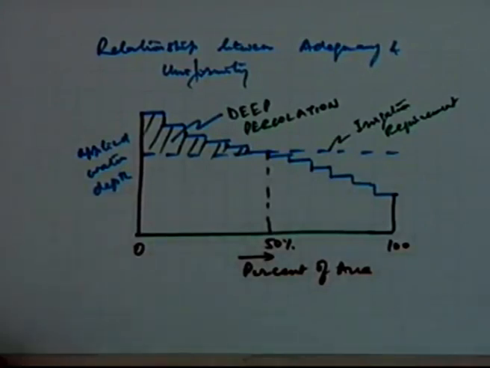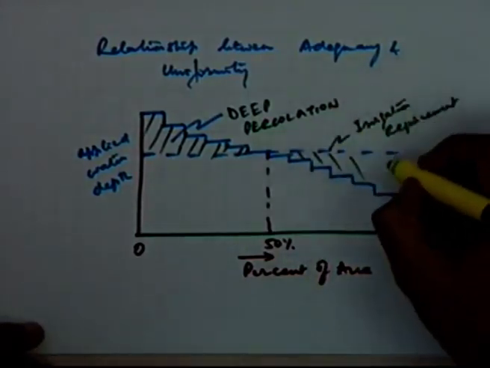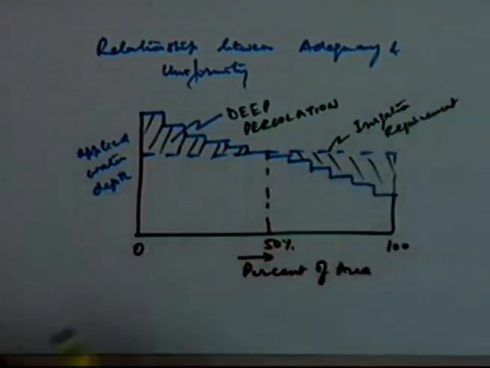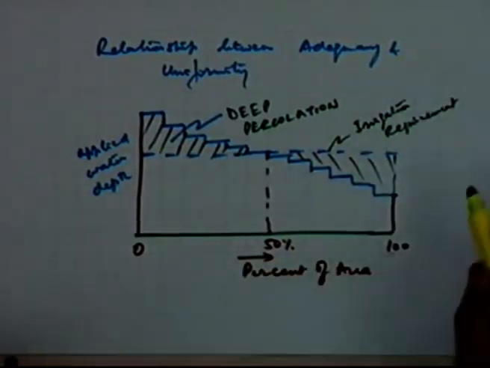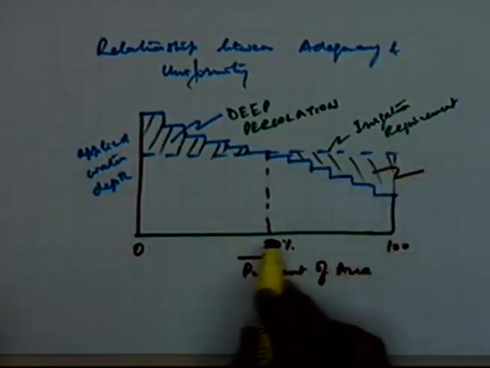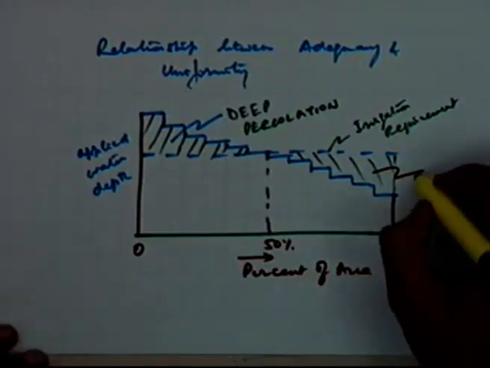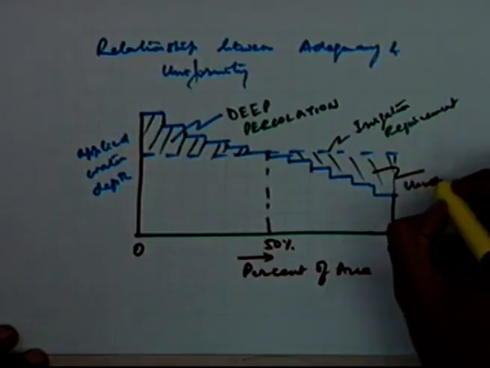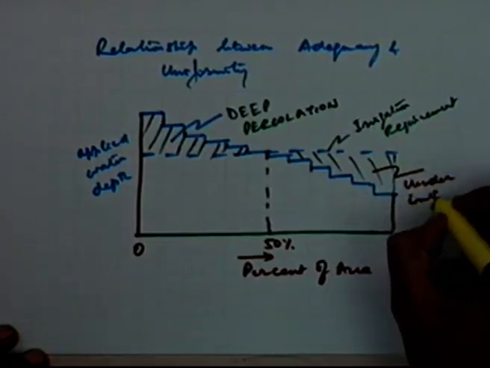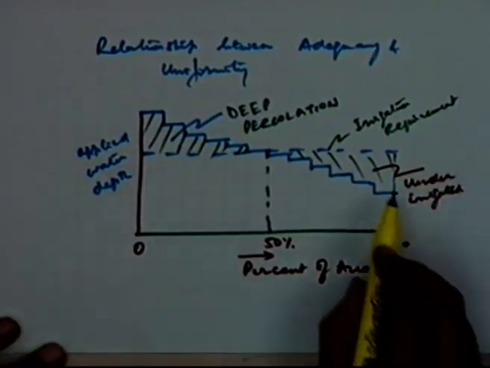Whereas on this side, for the remaining 50% of the area, the irrigation is not adequate. It is under irrigated. So this area is under irrigated.